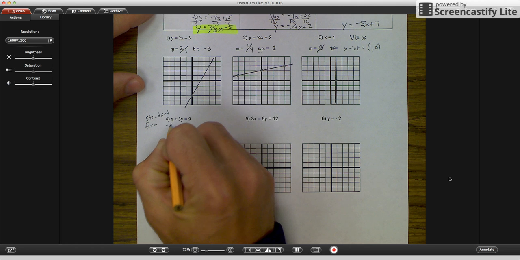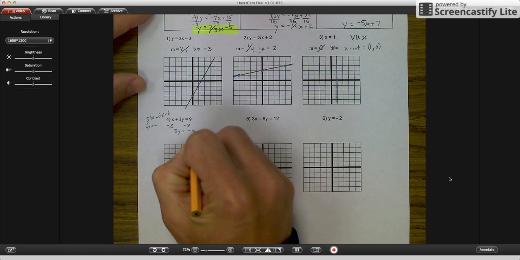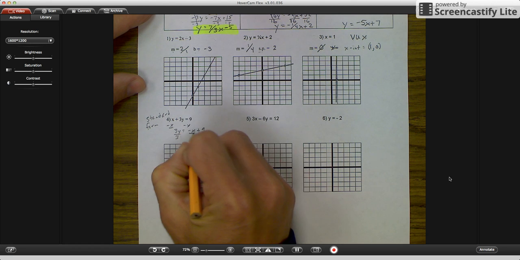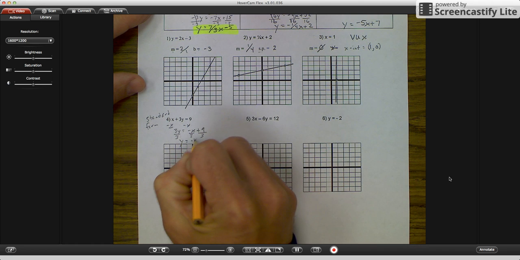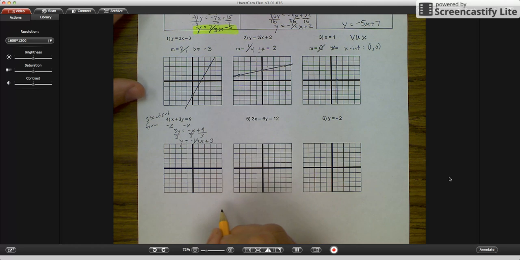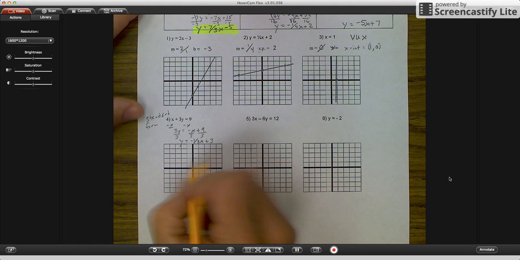So I'm going to solve for y. Subtract an x, and you get 3y is equal to a negative x plus 9. Divide by 3. And you get y is equal to negative 1/3 x plus 3. Okay, so there is my equation, y equals negative 1/3 x plus 3.